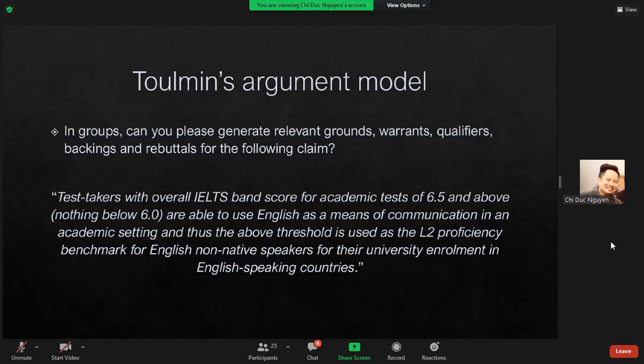In order to ensure that 6.5 on the IELTS band score is enough for the student to communicate well in an academic setting in English-speaking countries, what kind of evidence do we need to collect to justify it?